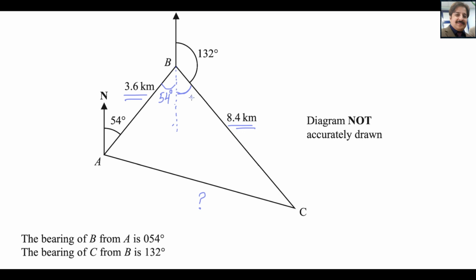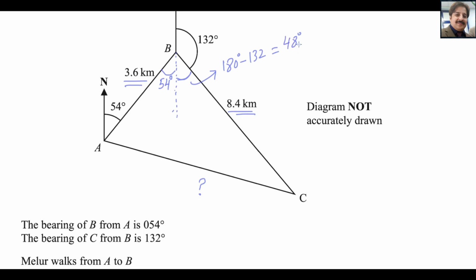You find it by subtracting: 180 minus 132, which is 48.